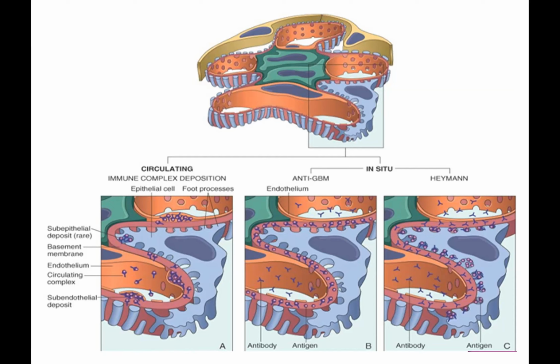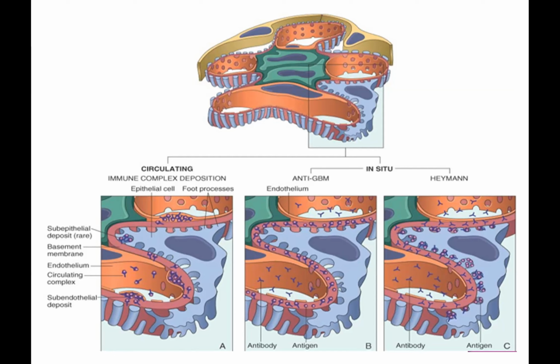Now, if you're going to look at this, another example, in here, these are antibodies reacting against a component of your GBM. Here, when they pass through your capillaries for filtration, they are already formed. The antigen-antibody complexes are already formed.